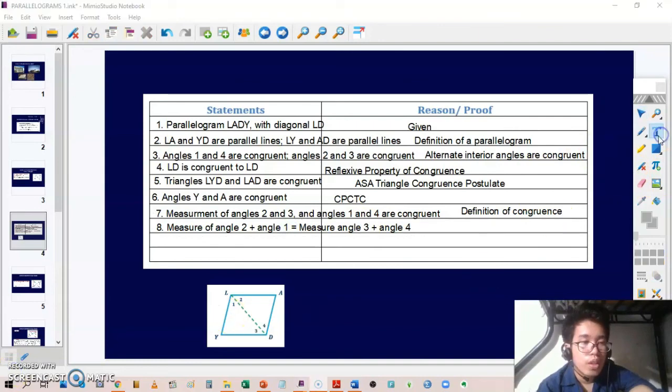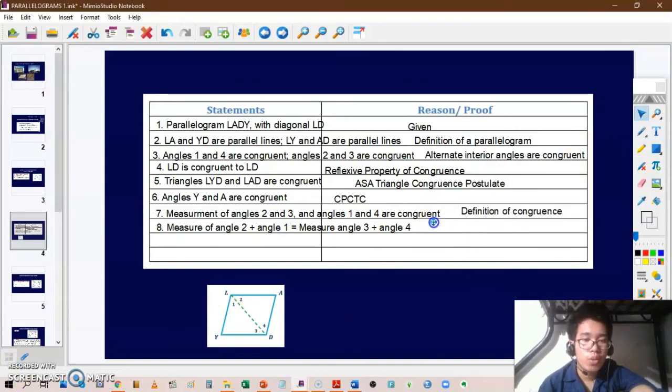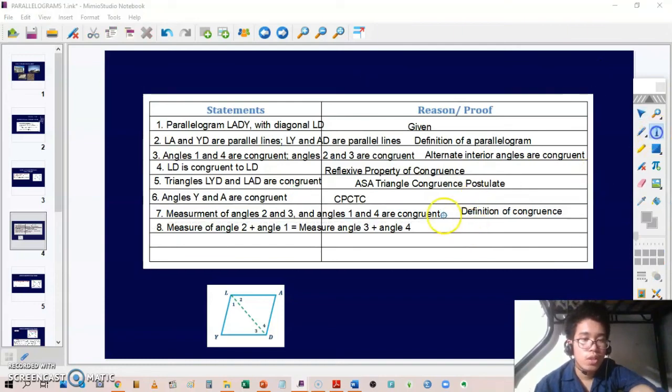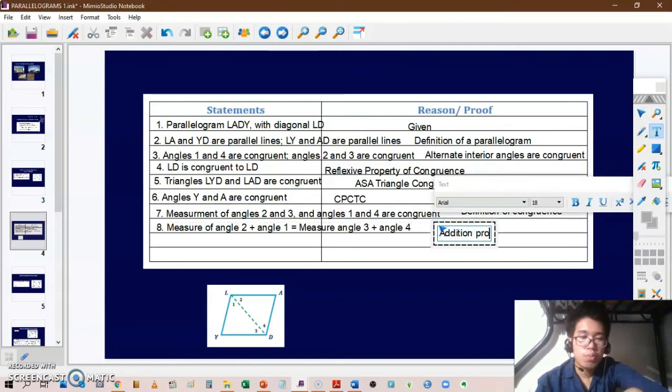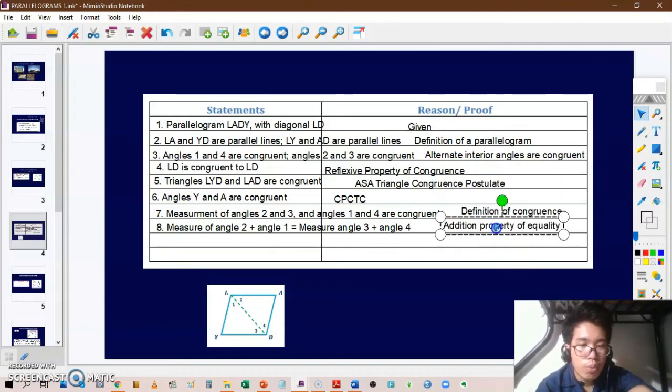Through the addition property of equality. Since we know that the measure of angle 1 is congruent to the measure of angle 4, we can add the measure of angle 1 here and also the measure of angle 1 here. But instead of angle 1, since angle 1 is congruent to angle 4, we write instead the measure of angle 4.